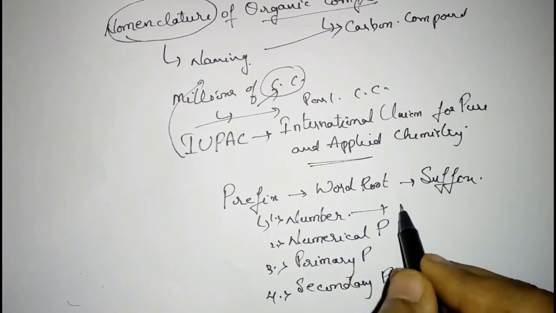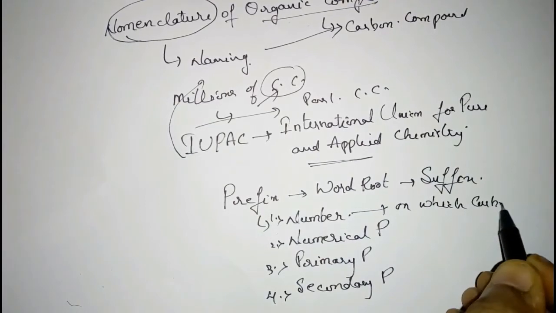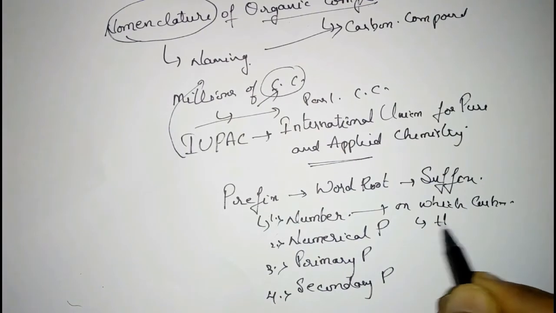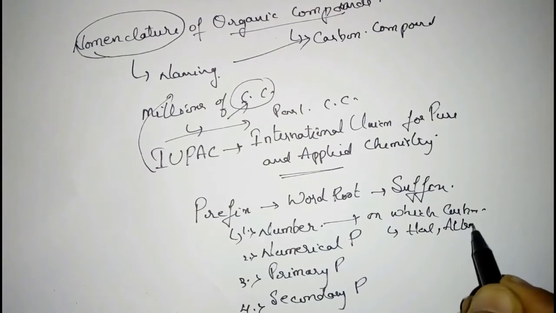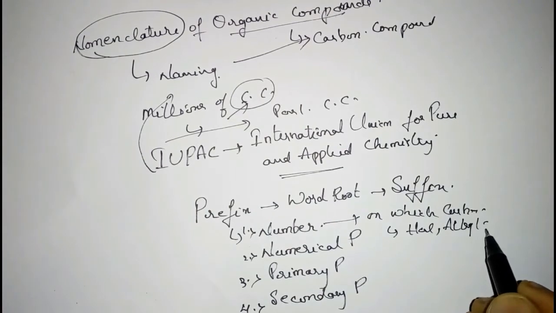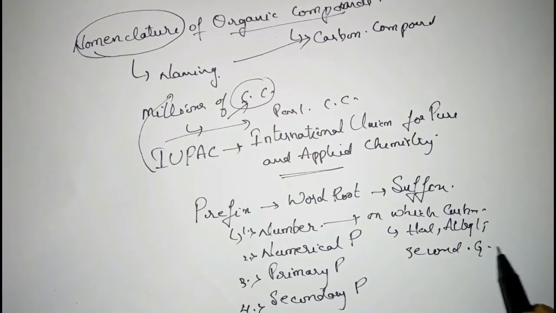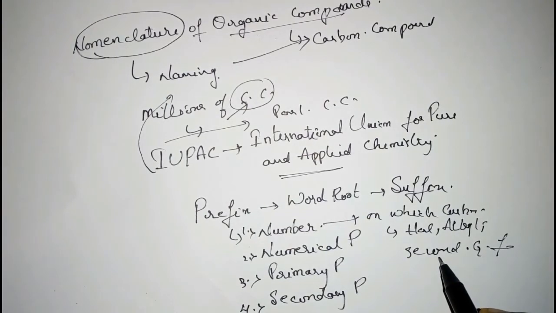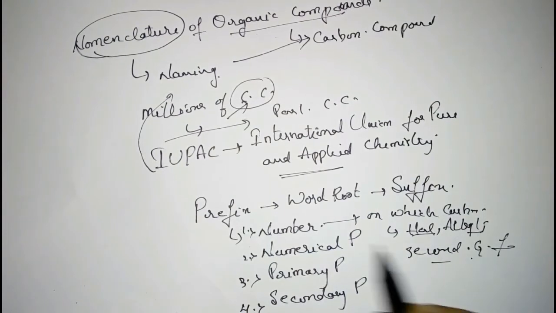Number tells on which carbon the substituent is present. A substituent may be a halogen, an alkyl group, which is a hydrocarbon group, an alkoxy group, a hydroxy group, or a second grade functional group. What is the second grade functional group? I'll explain in this class only. So on which carbon all these things are present, that is told by our number.